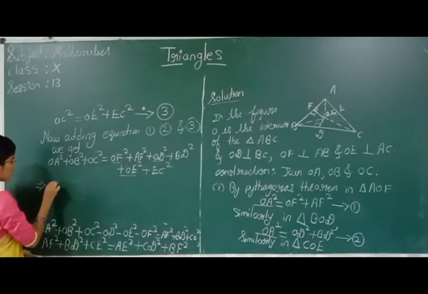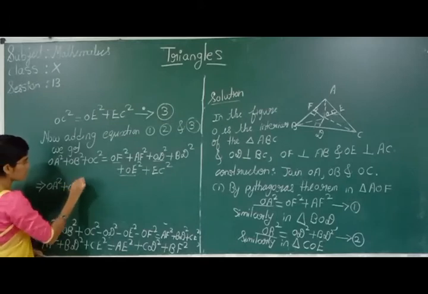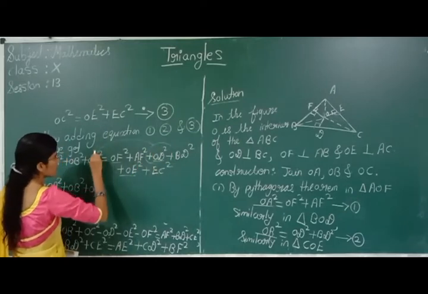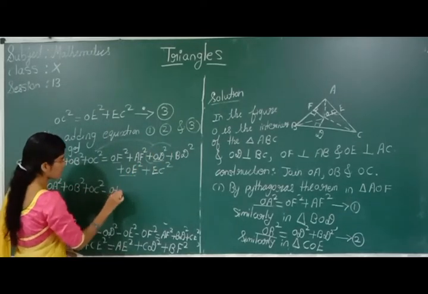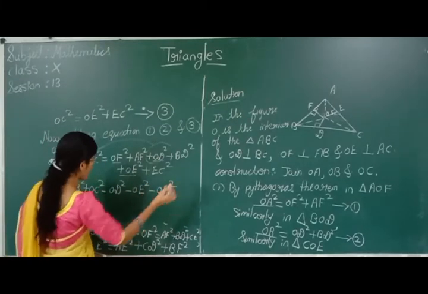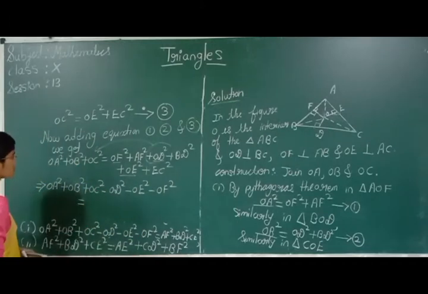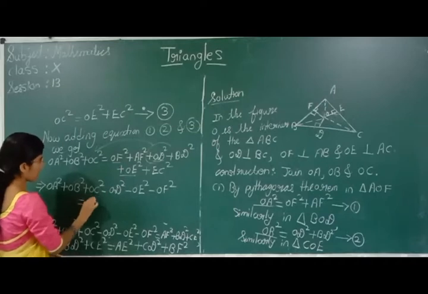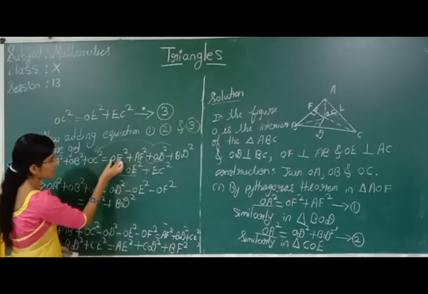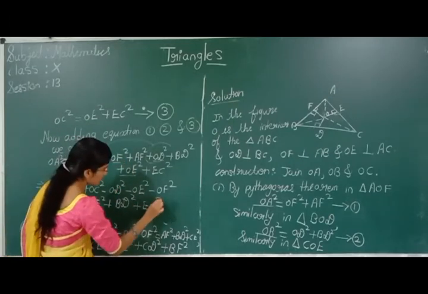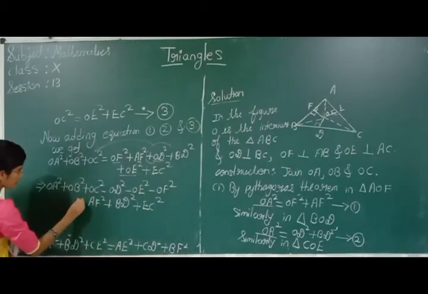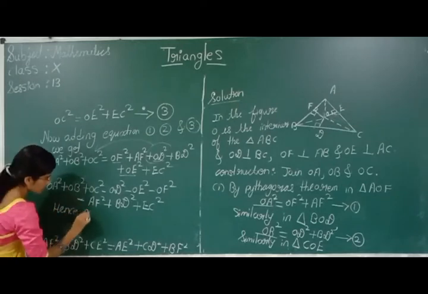This implies OA square plus OB square plus OC square minus OD square minus OE square minus OF square is equal to AF square plus BD square plus EC square. So the first part we have proved. Yes, first part hence proved.